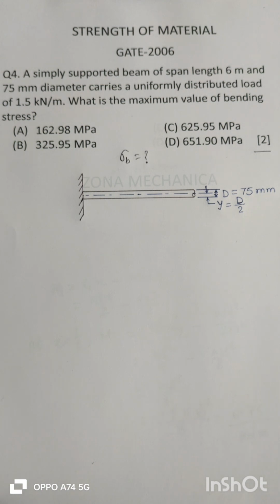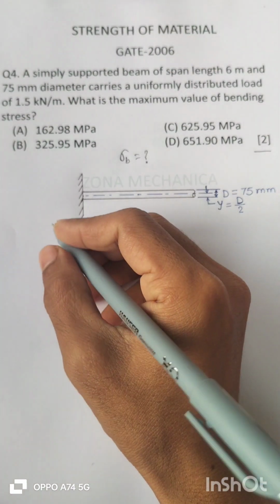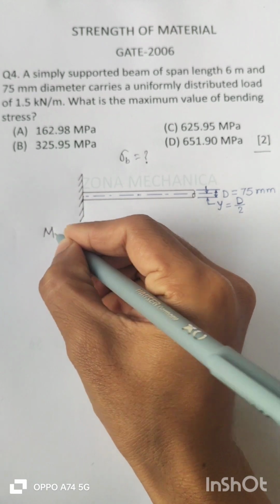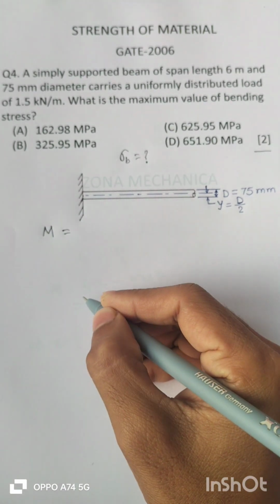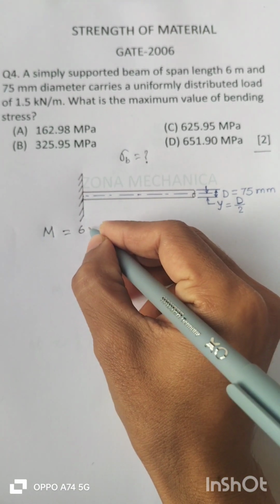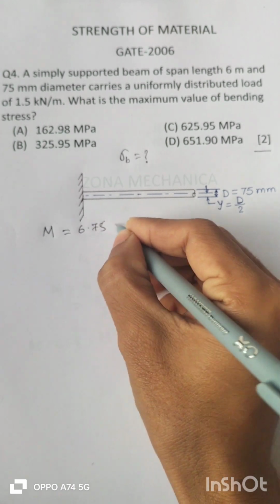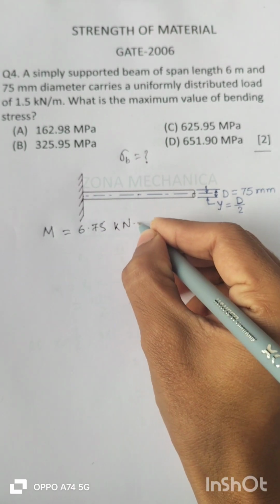The answer of the first question will be used in the second question, and the answer of the first one is required in the solution of this second question. So the answer we got, maximum bending moment, was 6.75 kilonewton meter.